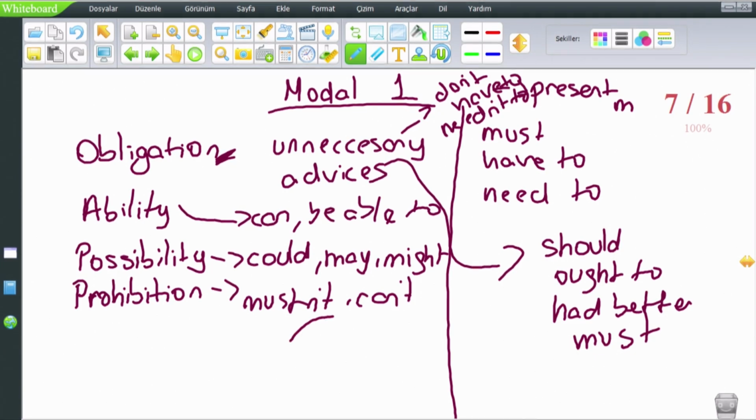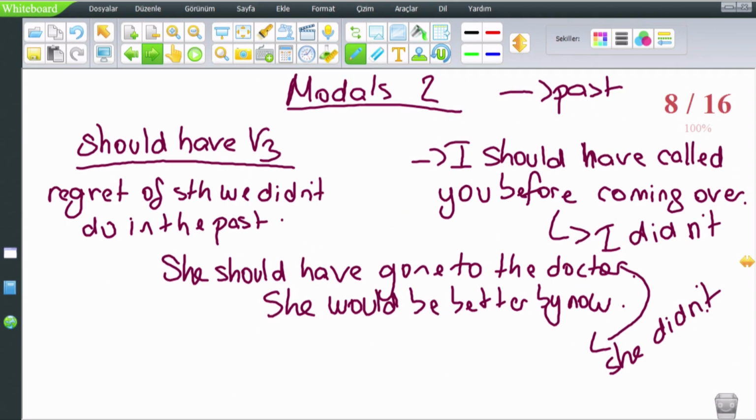Prohibition, we use mustn't or can't. Unnecessary situation, don't have to, doesn't have to, needn't or don't need to, doesn't need to. And with advice, we use should, ought to, had better, or for a strong advice, we use must.